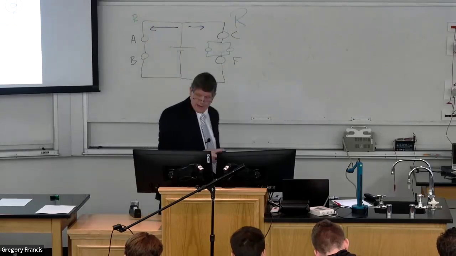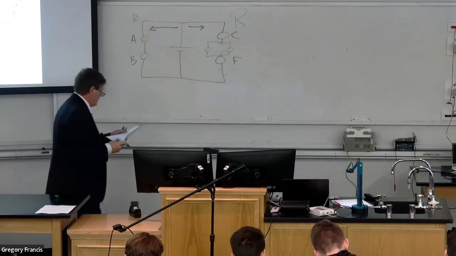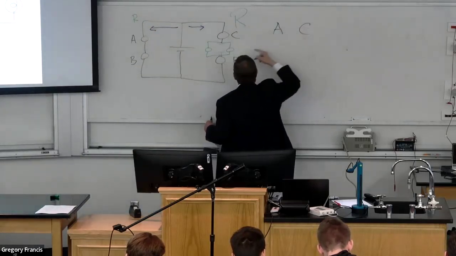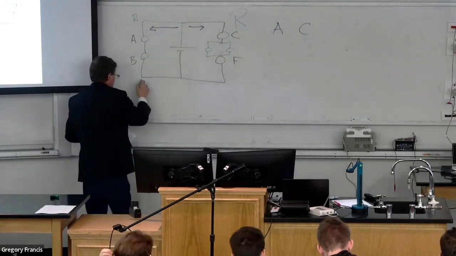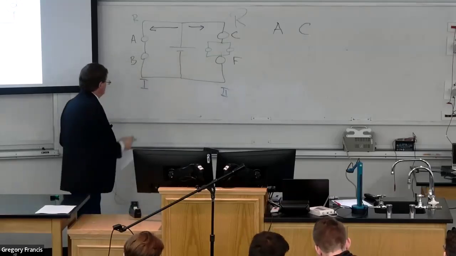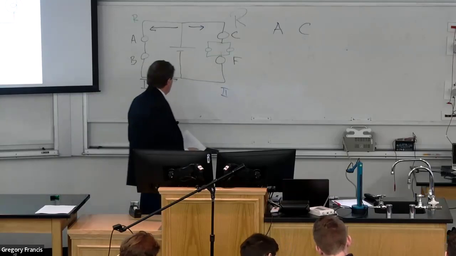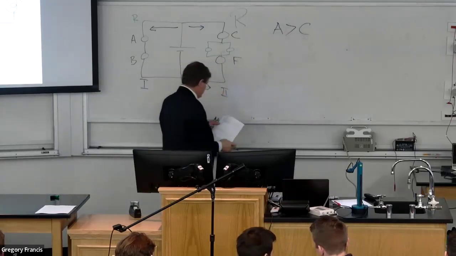Okay, so now we want to rank the bulbs, and this should be easy. A and C are both indicator bulbs for their respective branches. We'll call this branch 1 and this branch 2. And so since A gets all of the big current and C gets all of the little current, A is going to be brighter than C.